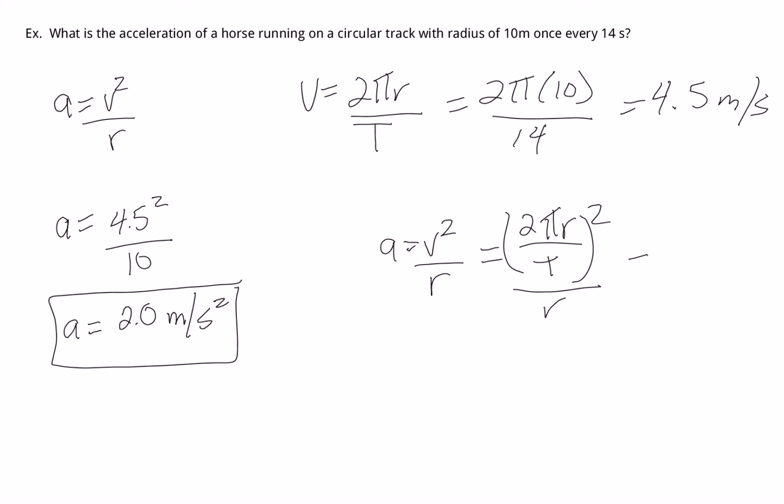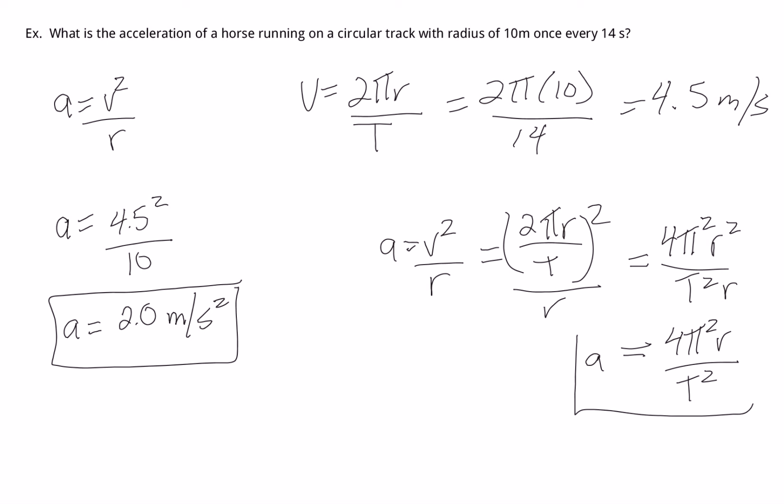So we'd get that, and then you actually multiply it out, we'd get 4 pi squared r squared over T squared, and that's also going to be divided by r, and we can see one of the r's cancel, so you'd have 4 pi squared r over T squared.